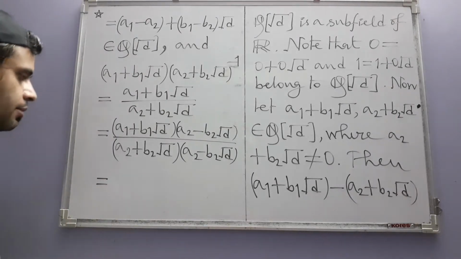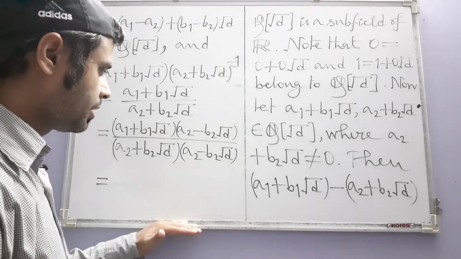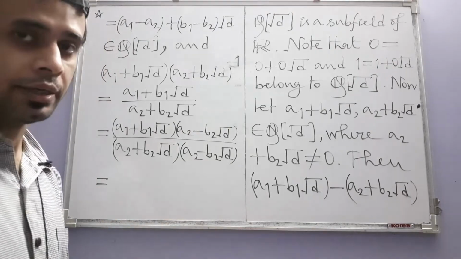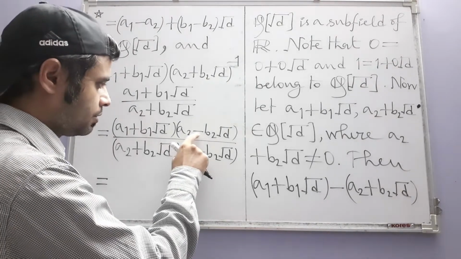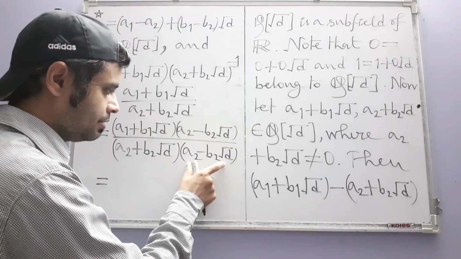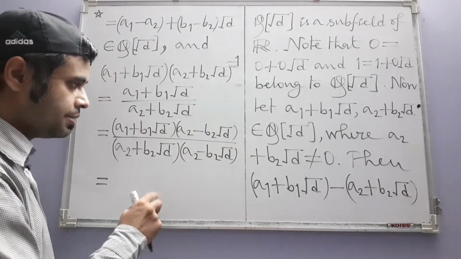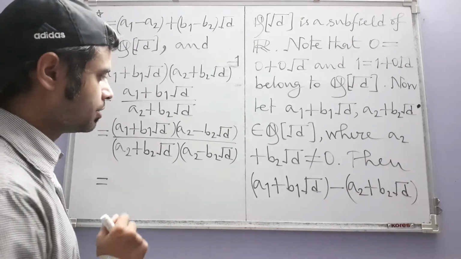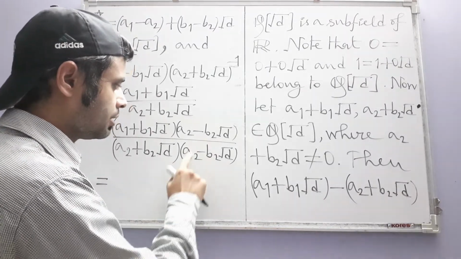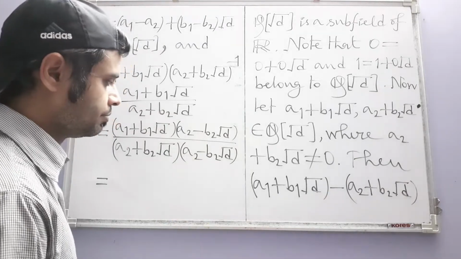But if we just simply continue the calculation like this, there will be a gap. What is that gap? Note that we have multiplied and divided by this real number. Is it non-zero? That we need to ascertain, because without knowing that, this may be wrong.